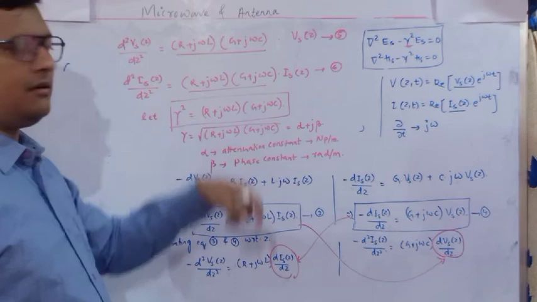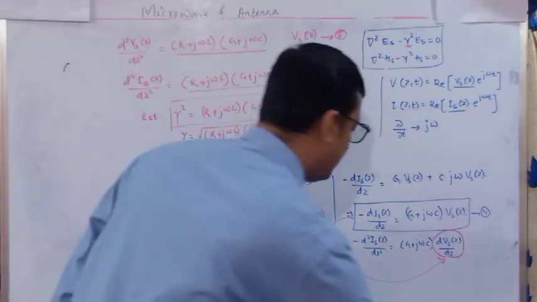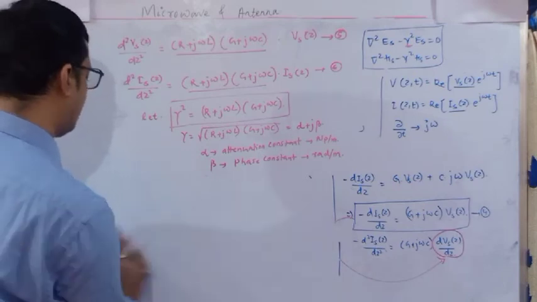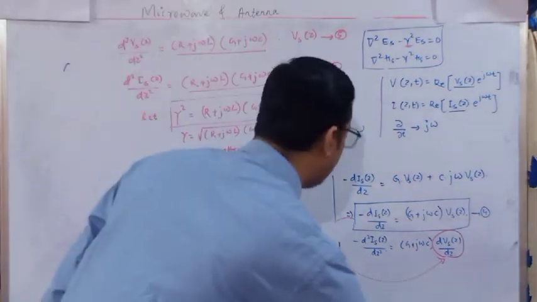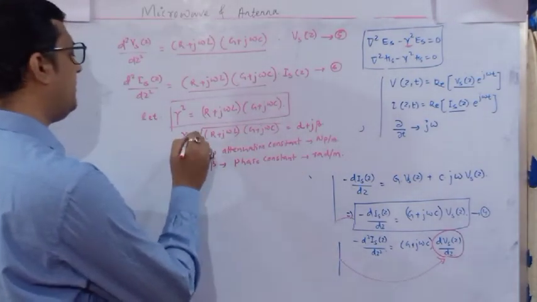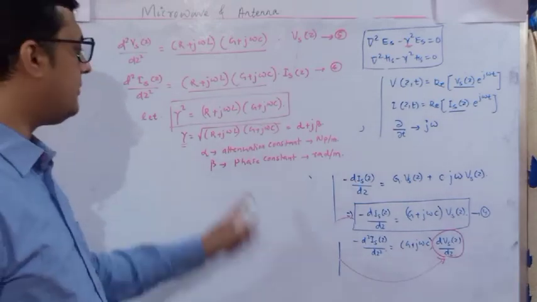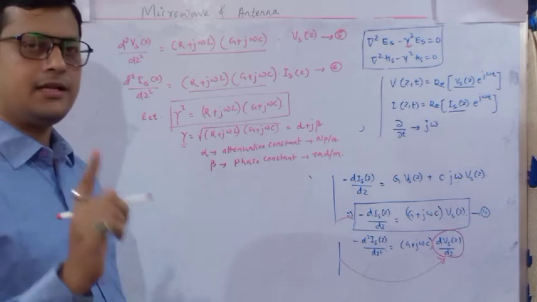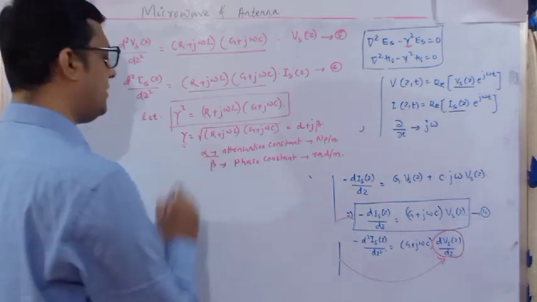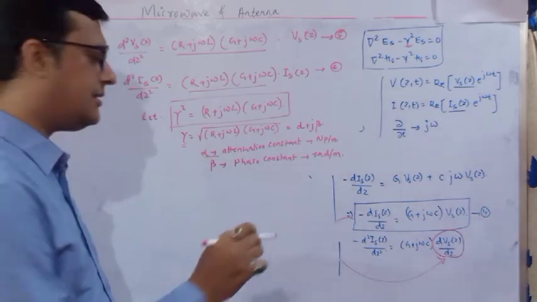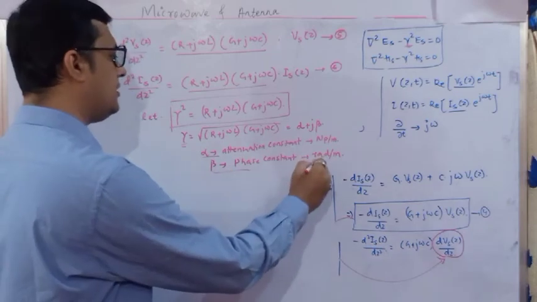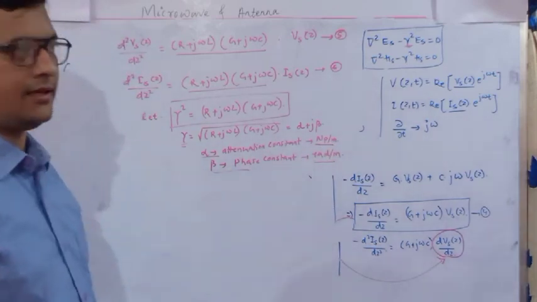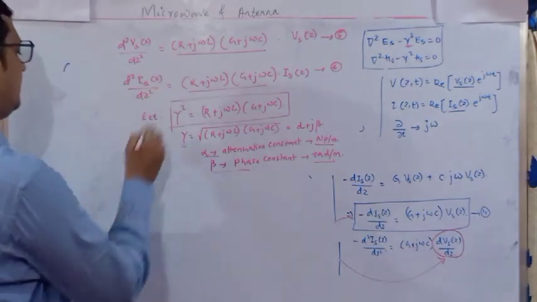It will become a wave equation. If propagation constant gamma is a complex term, it will have two values. One is real part, one is imaginary part. The real value is called the attenuation constant. The imaginary part is called the phase constant, whose units are Neper per meter and radian per meter respectively. Now, substitute this value.